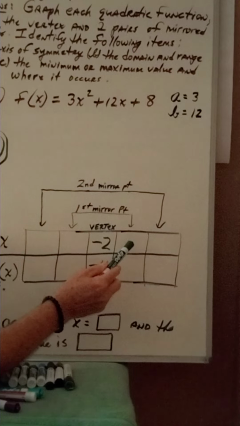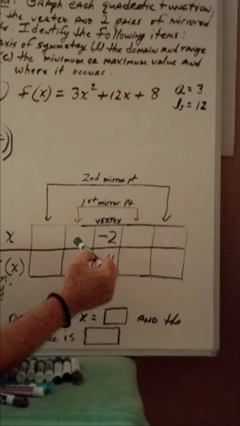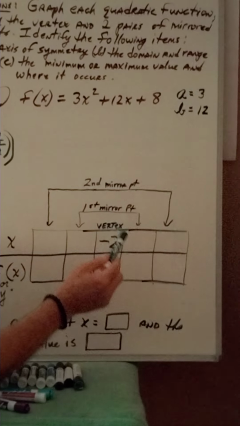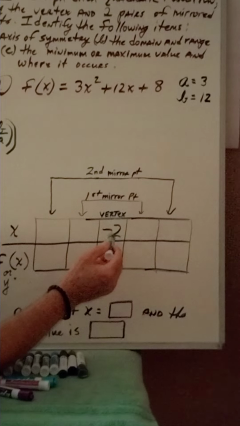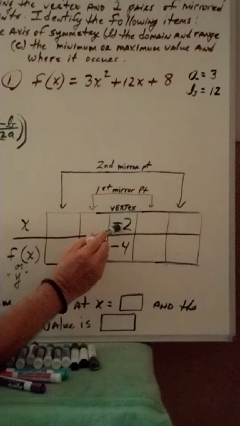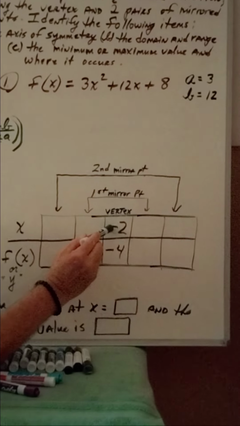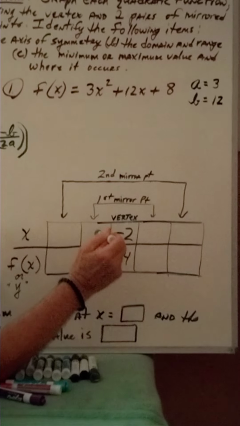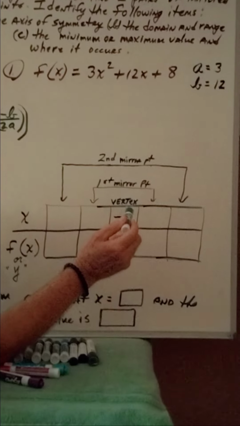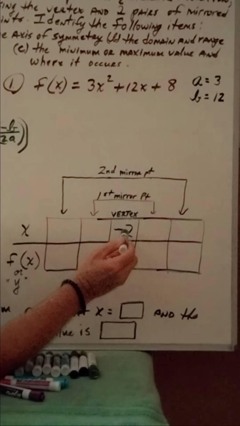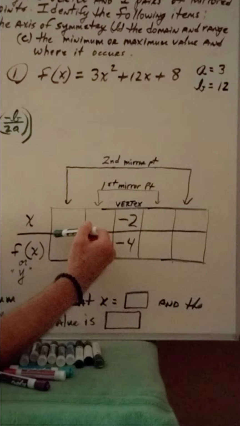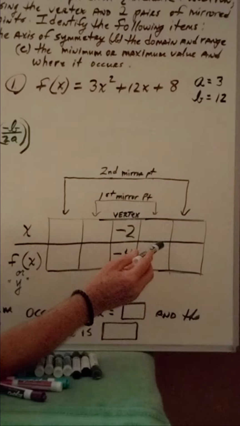The x values of any pair of mirrored points will always be the same distance away from the x value of the vertex. Now let me repeat that. The x values of any pair of mirrored points will always be the same distance away from the x value of the vertex. Now here's one reason why I made this chart go horizontally.